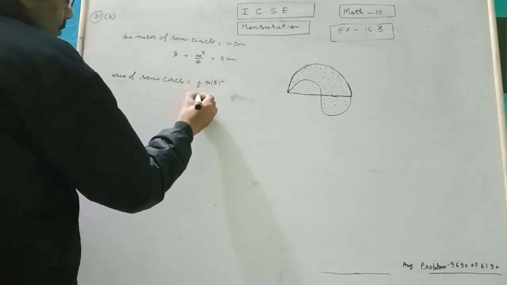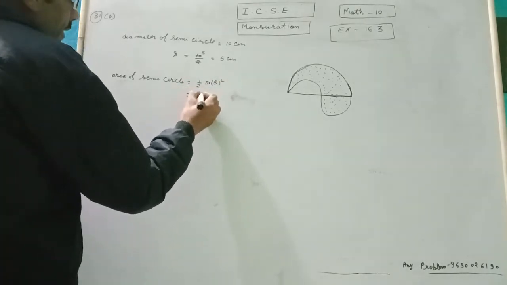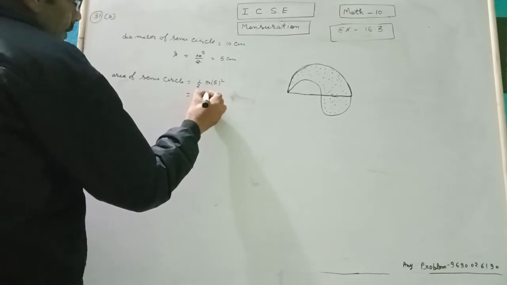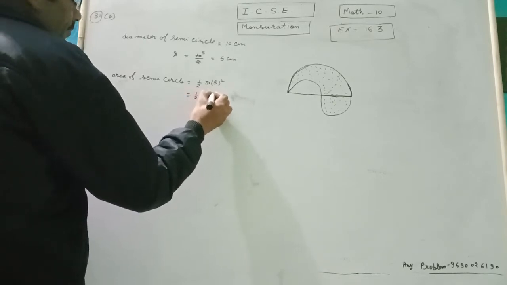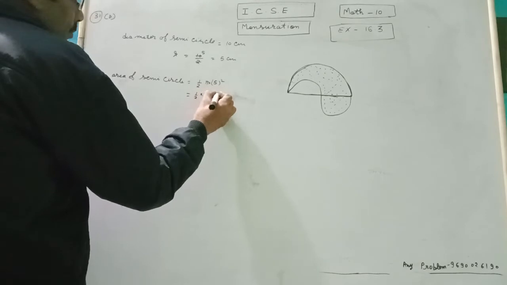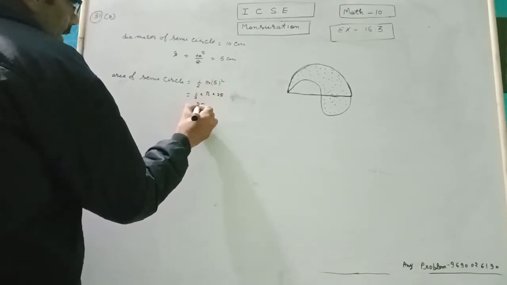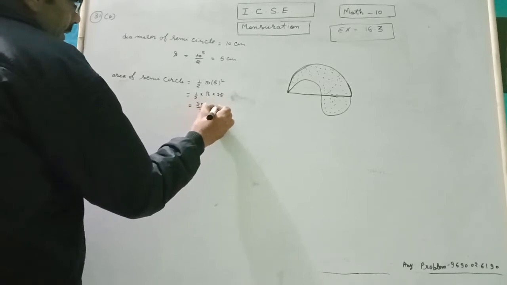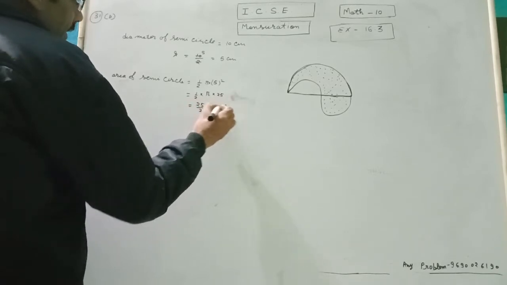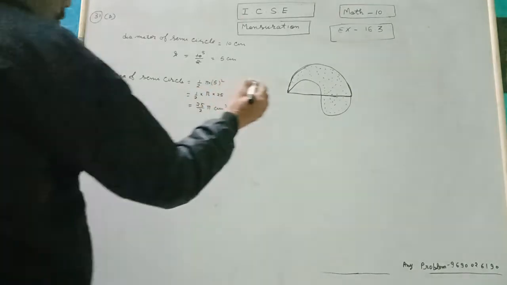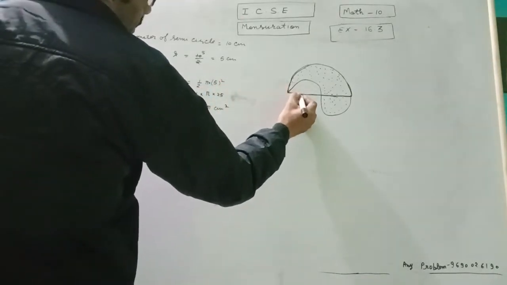So 1 by 2 into pi into 25, which is 25 upon 2 pi cm square, the area of this part.